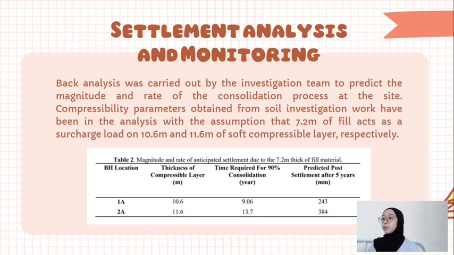Compressibility parameters obtained from the soil investigation work were analysed with the assumption that 7.2 meters of the fill acts as a surcharge load on 10.6 meters and 11.6 meters of the soil compressible layer respectively. So in table 2, these are the results of the magnitude and rate of anticipated settlement due to the 7.2 meter thick fill material.